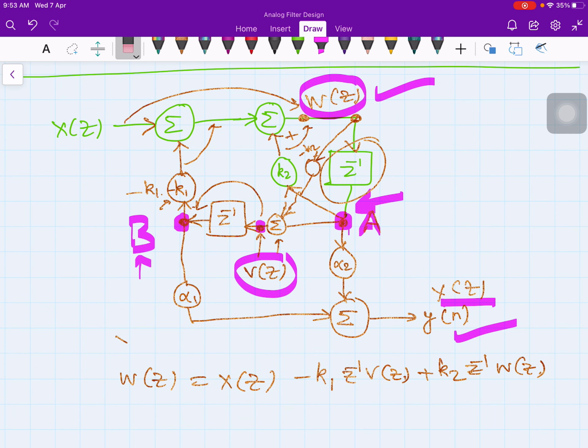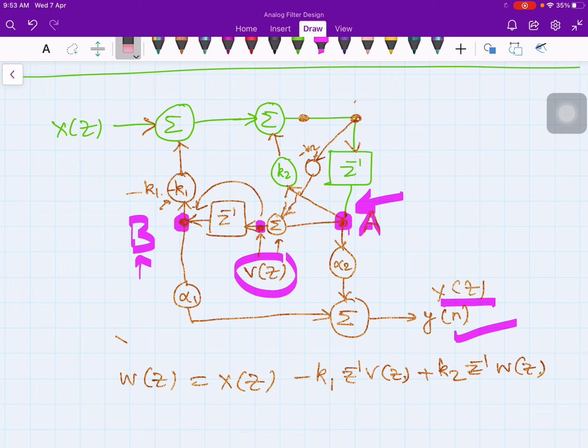Let me delete this all, guys. See, this point is w of z. In this summer I have two signals, let me write small a and small b here, and small a is the output of this summer and the summation of these two signals. Let me call them c and d. Therefore a is equal to c plus d. What is c? C is x of z, plus what is d?